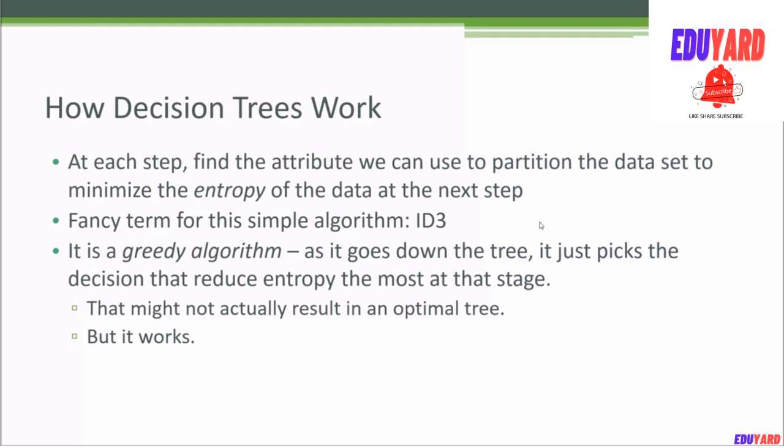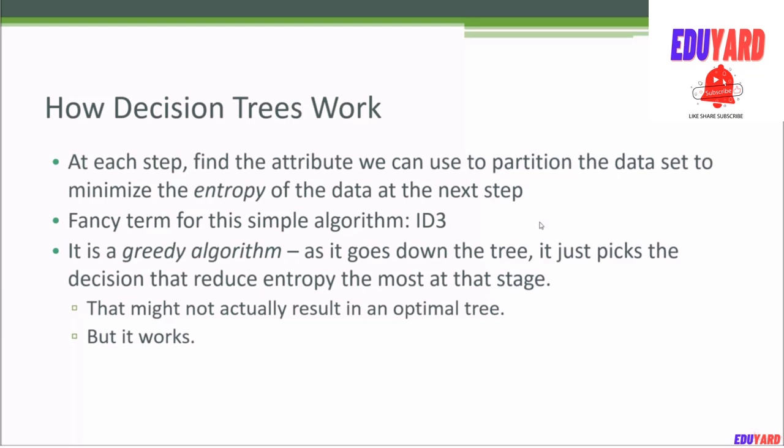We want to make that data more and more uniform. So as we work our way down the flow chart, we ultimately end up with a set of candidates that are either all hires or all no decision. So we can classify into yes, no decision on a decision tree.